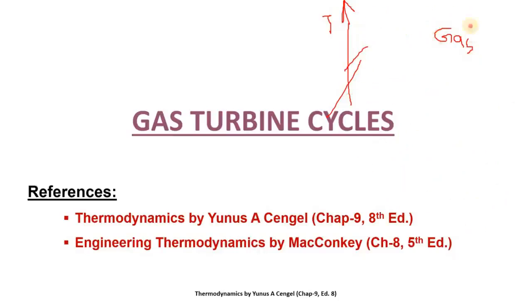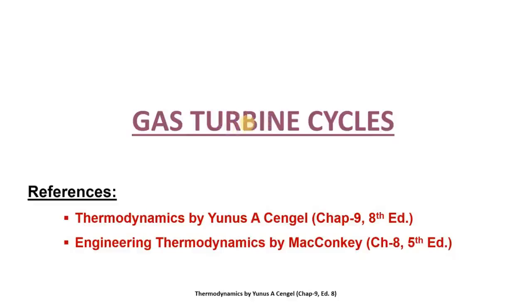So with this introduction, let's discuss it in more detail. Here it is gas turbine cycle. It is not written here gas power cycle, because gas power cycle does not only mean a gas turbine cycle.